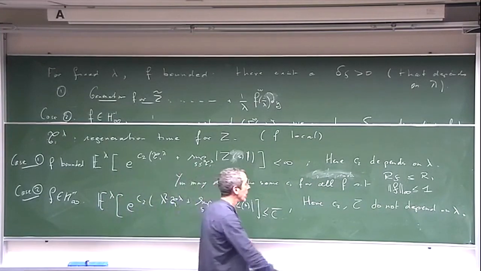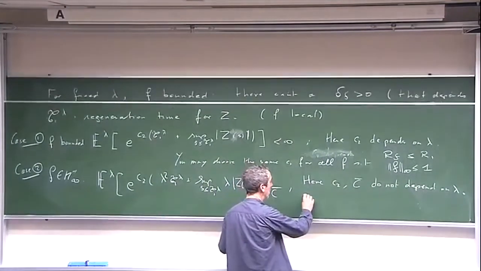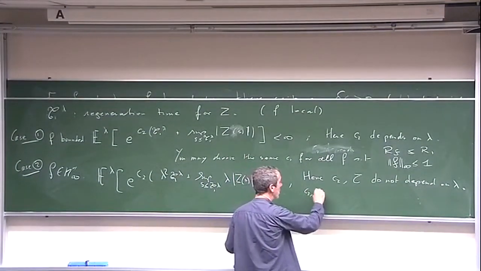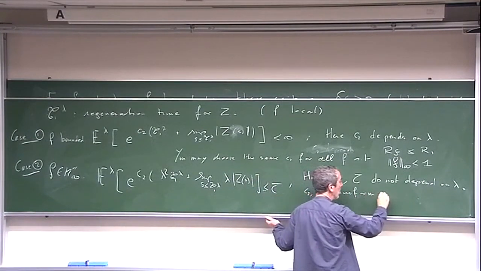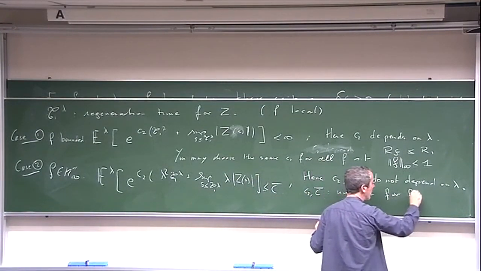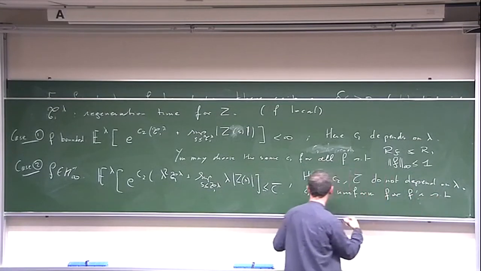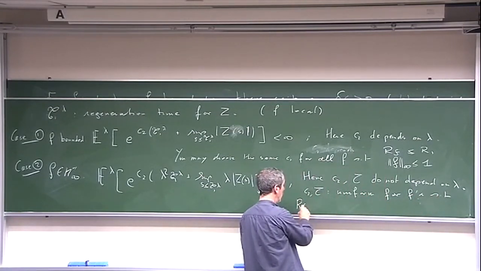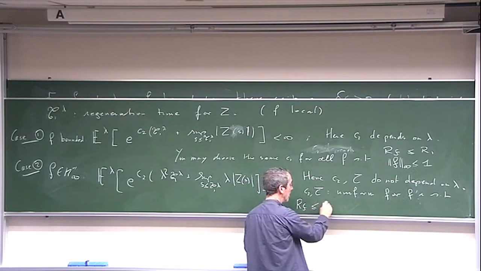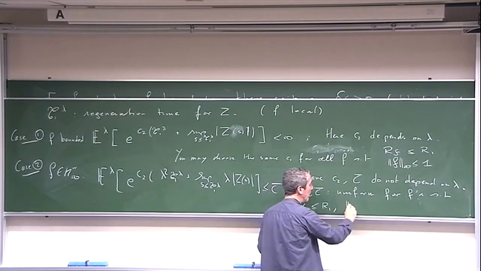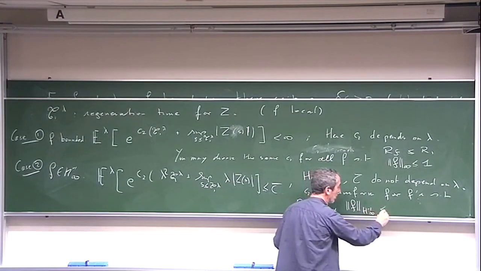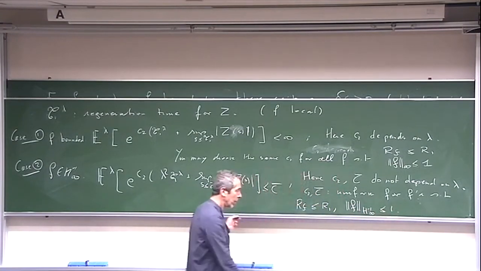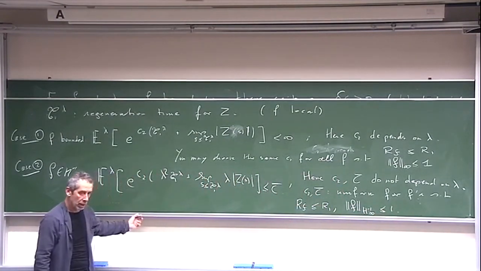And also here you have the same property, that is C2, C bar, they are uniform for F's such that you have some control on the radius. R F is less than some R1. And now we need some control on, I mean, if we assume some control of the norm of F in H minus 1 infinity.